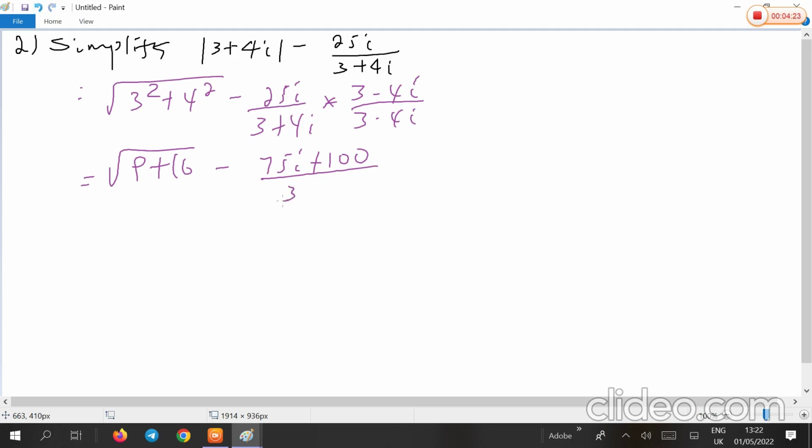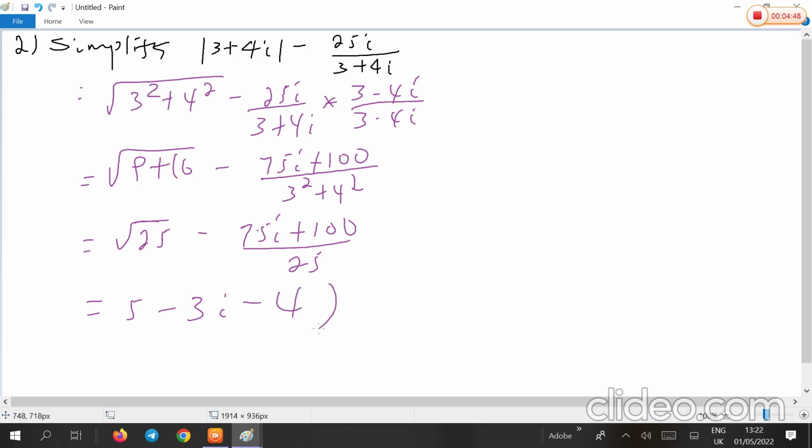Then this is the square root of 25 minus 75i plus 100 over 25, or 5 minus 75 over 25, which is 3i, minus 100 over 25, which is 4.